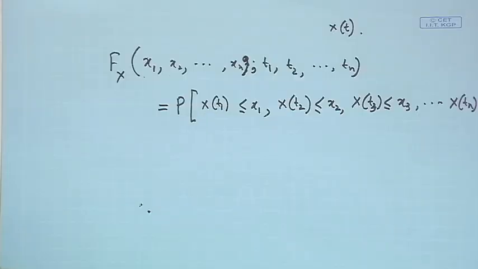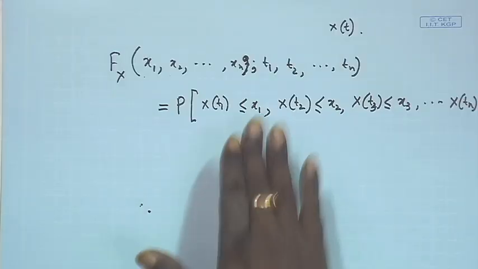You can already see that if I have a signal, it is continuous time, and then immediately you have an infinite number of time instances, and at every time instance you need to actually get the joint PDF, or joint CDF. That means the random variable at t1 must be less than or equal to some specified value x1 and so on.